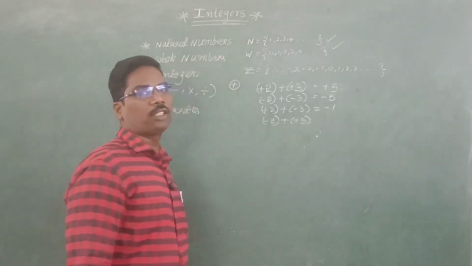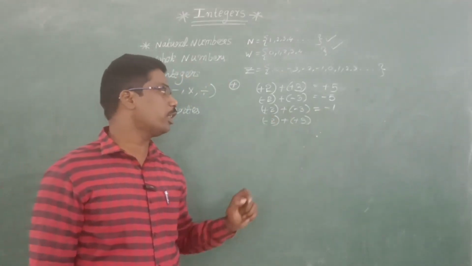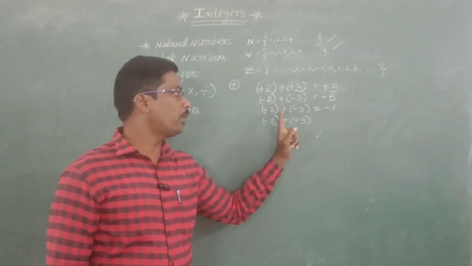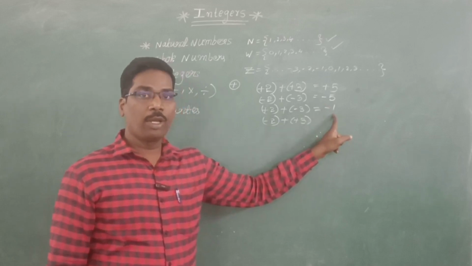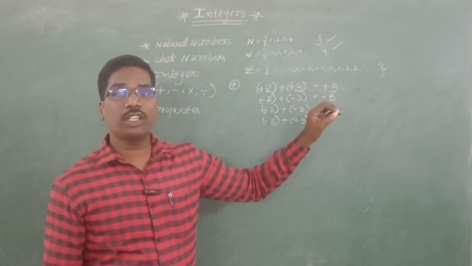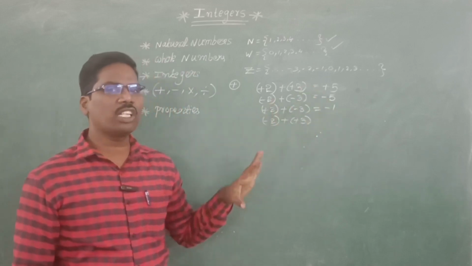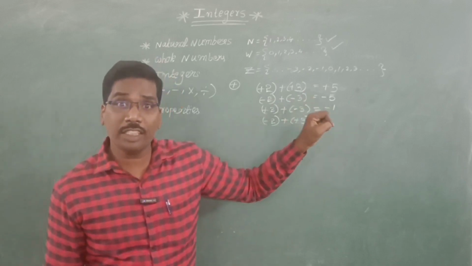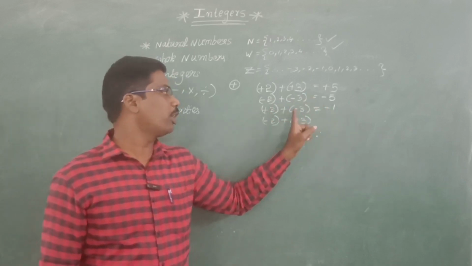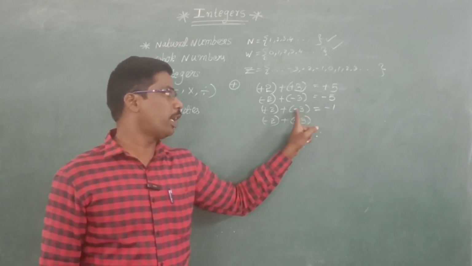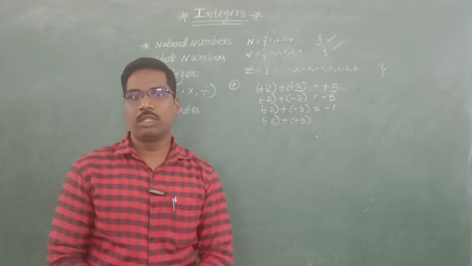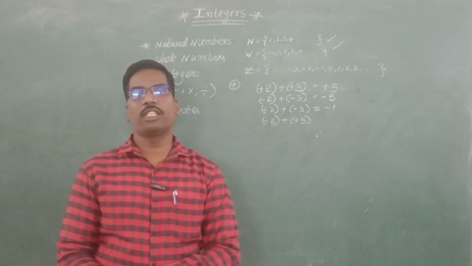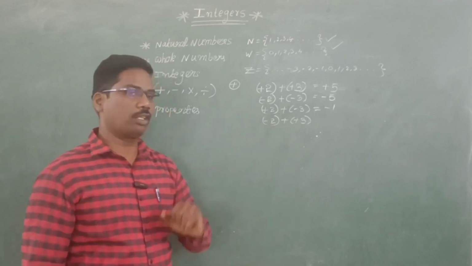How do you get minus 1? The sum of one positive and one negative integer is an integer, by taking the difference of the numbers. What are the numbers? 2 and 3. What is the difference? 1. And keep the sign of the highest number. Here the highest number is 3, and its sign is minus. So keep minus.